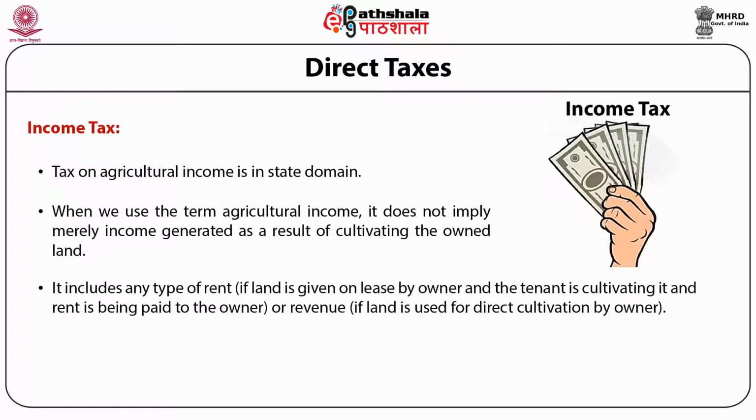It includes any type of rent if land is given on lease by the owner and the tenant is cultivating it and rent is being paid to the owner, or revenue if land is used for direct cultivation by the owner.